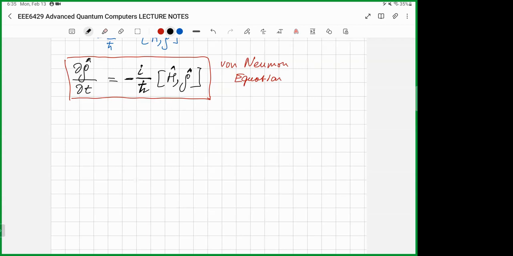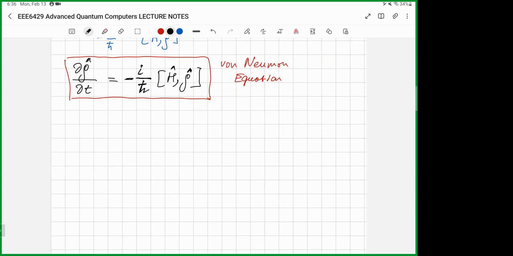Well, not only as an equation itself, but maybe the generalization of this equation to so-called open quantum systems, when we add any interactions of the quantum system with any external objects, with the temperature, with the bath, etc., just by adding some terms on the right side. So yeah, von Neumann equation.